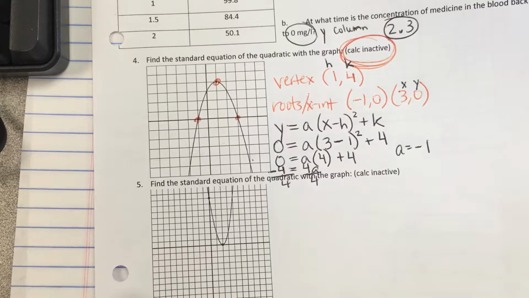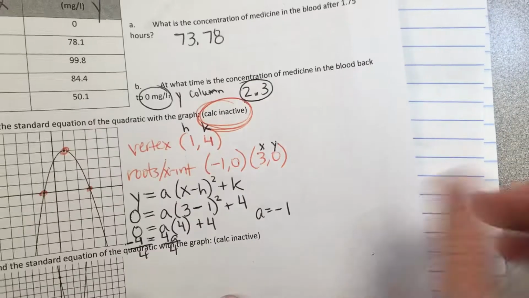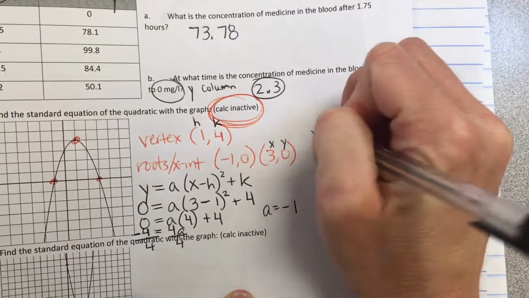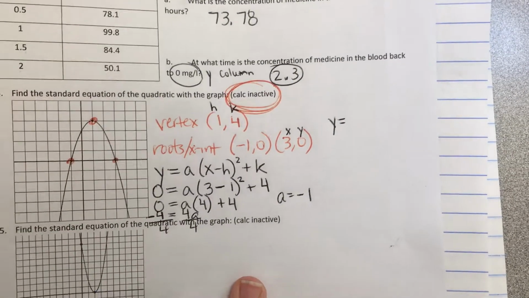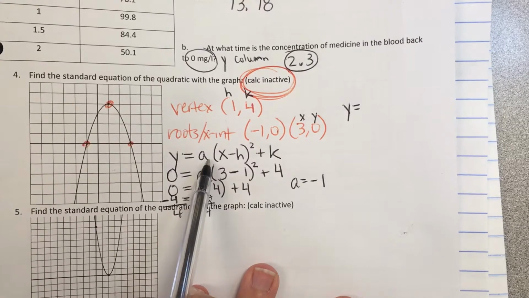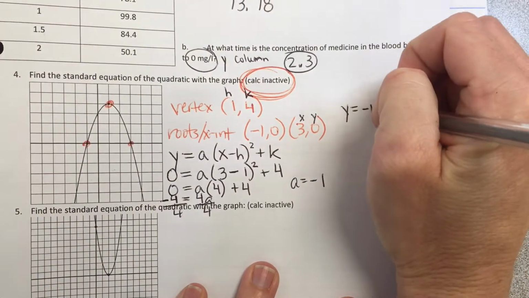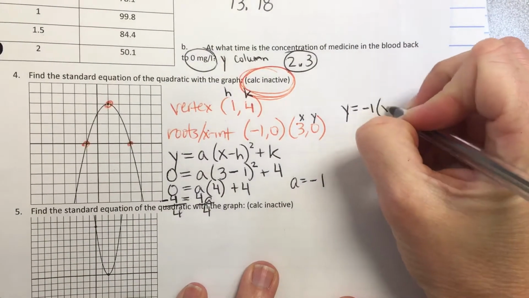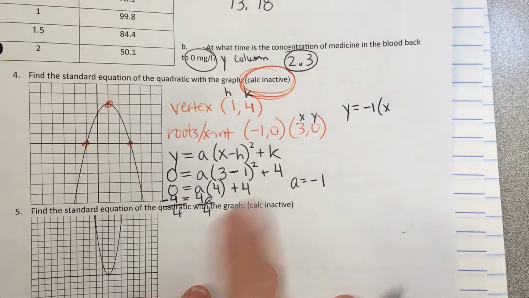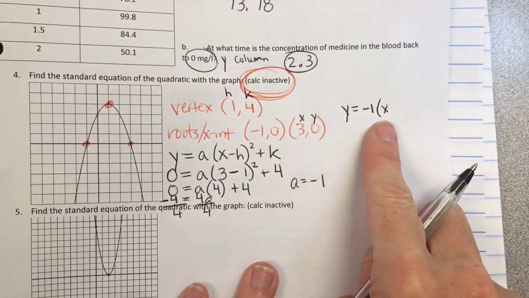We're still not done with this problem because it said find the standard equation, and we have not done that yet. So, all right, let's plug in what we know. Y equals, we now know the a value is what? Negative 1, okay? And you're going to put x back in there. So x and y become variables again.